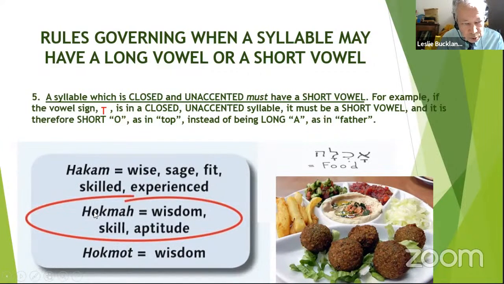Well, the one who put this together already answered that question for us, but I just want to explain why that person put an O instead of an A. But let us just look at the word first. So you have keth, you have kames hatuf, the short O.